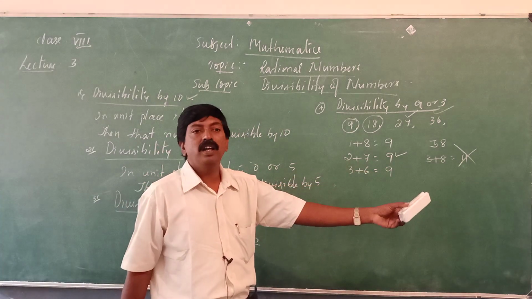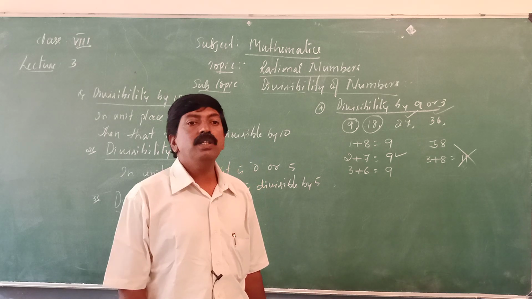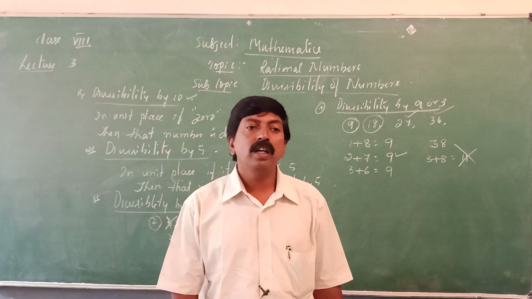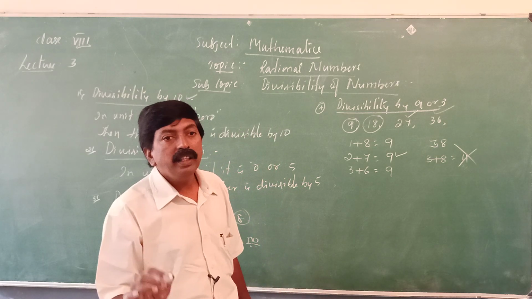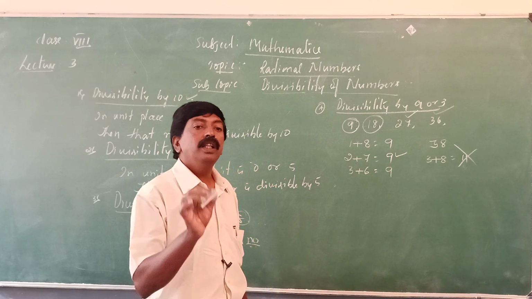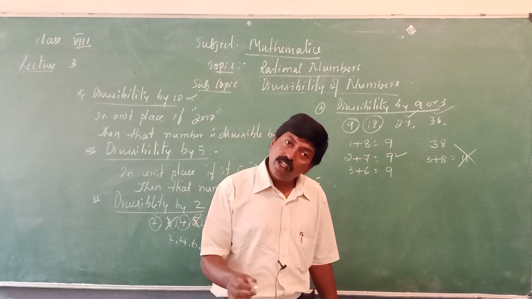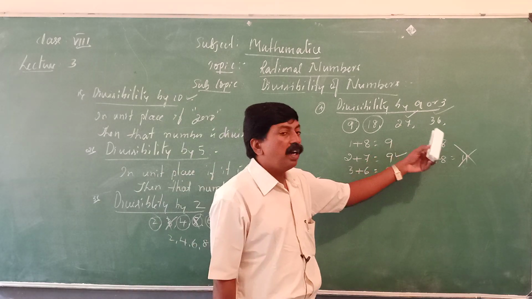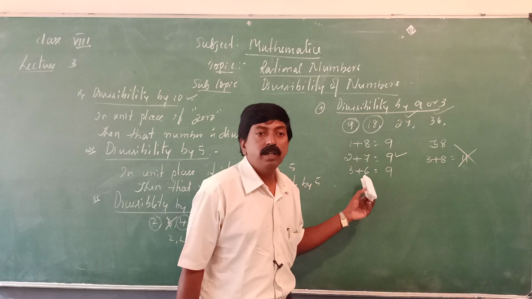Keep in mind that divisibility by 9 or 3 means we have to add the digits in the numeral. If that sum is divisible by 3, then we can say that the given number is divisible by 3.